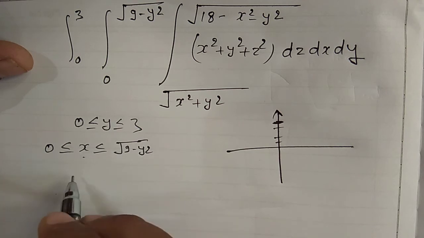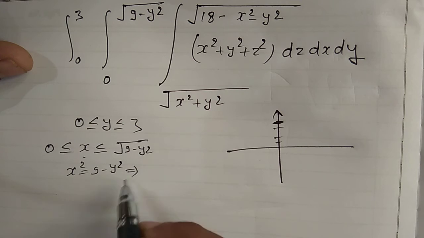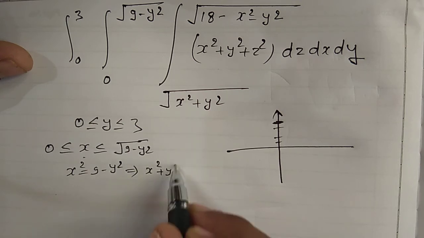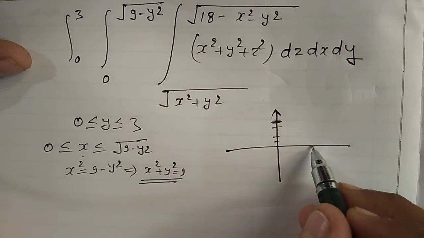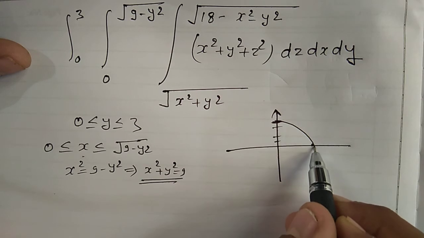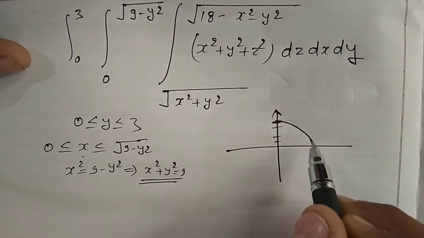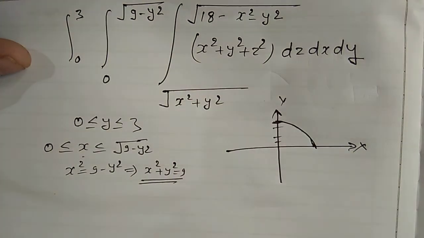So we get x square equal to 9 minus y square, which implies x square plus y square equal to 9. So x is positive and it is a circle, so we come like this. So this is the circle, fine, x axis, y axis.